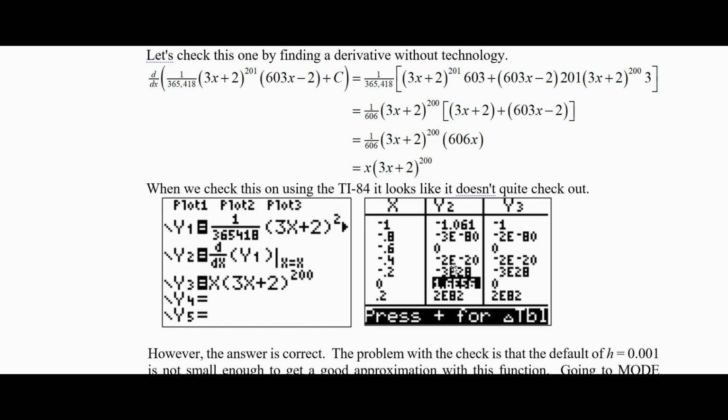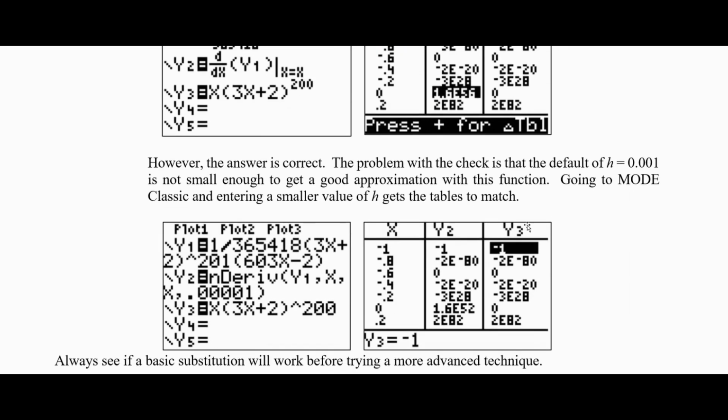The numerical derivative is here. We can go to mode on the calculator, put it in classic mode, or if you've got a TI-83, just put in a smaller h there, and now the symmetric difference quotients are working out correctly. So actually it did check.